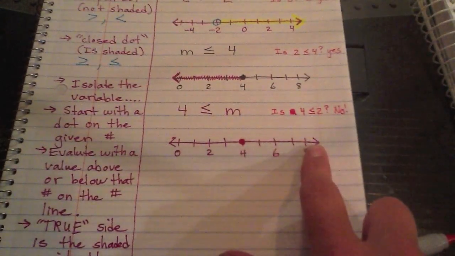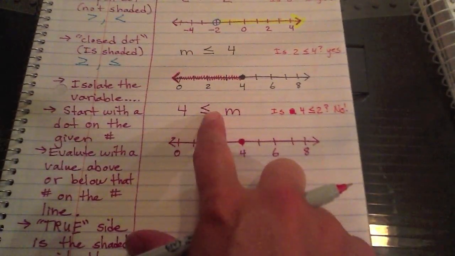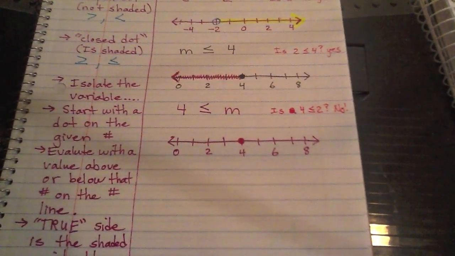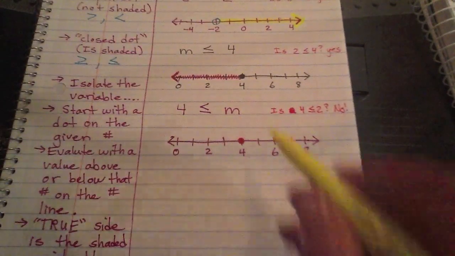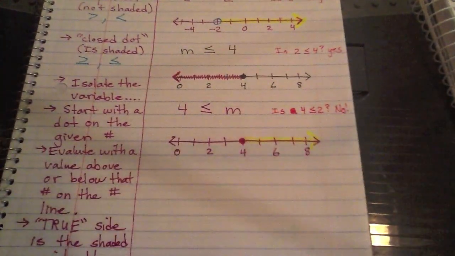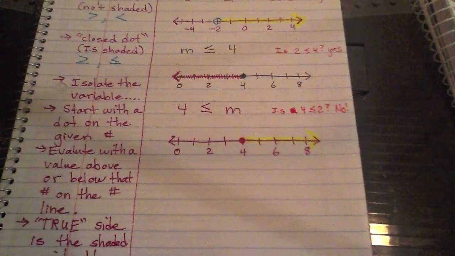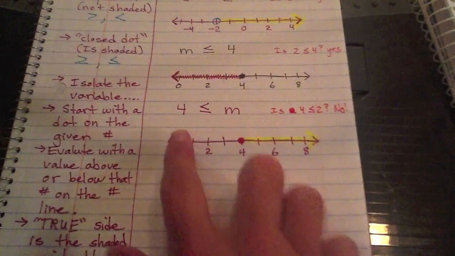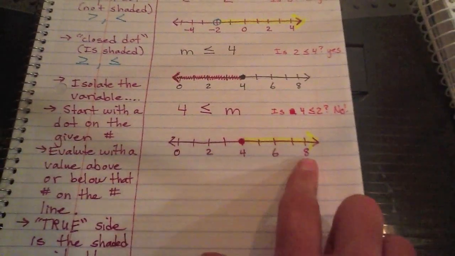This becomes my yes side. Notice the arrow's pointing the wrong way. So that arrow trick doesn't always work. You have to be careful when your variable's on the right. If this is no, you know that's yes. You don't have to take another turn. You can try it if you want. Is 4 less than or equal to 6? Yes. Is 4 less than or equal to 8? Yes.